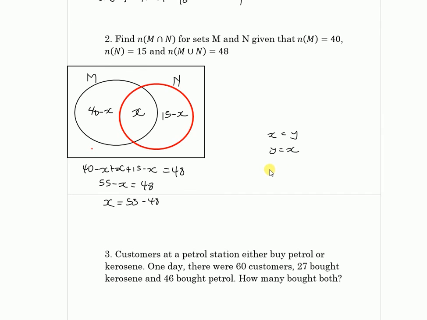When I have that 3 plus 2 is equal to 5, when I write 5 is equal to 3 plus 2, I have turned the equation around. So after taking X that side, I turn the equation around and I have 55 minus 48. And now X is equal to 7. That's what we have there.